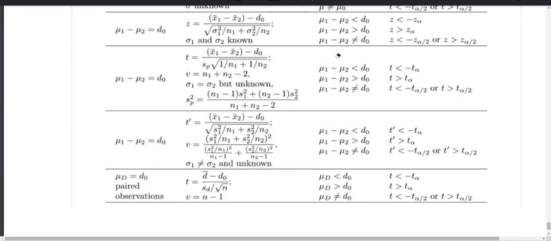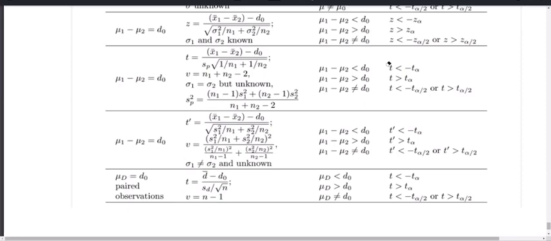Table 10.3, the Z table, t table, F table, and chi-square table are all going to be attached to the exam document. The only ones I'm not going to attach are variance and proportion, which you should be able to figure out. Maybe that is part of what you're going to write in your cheat sheet.